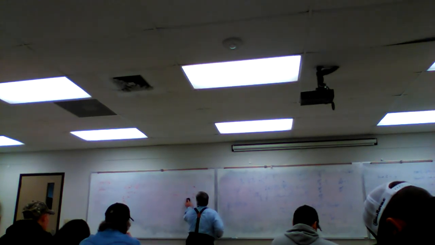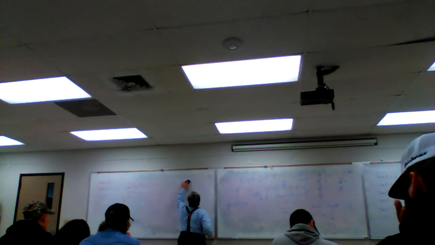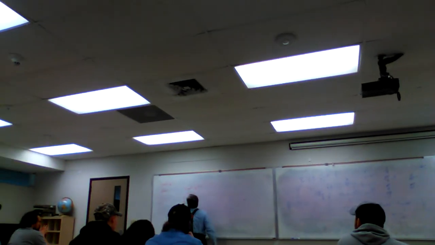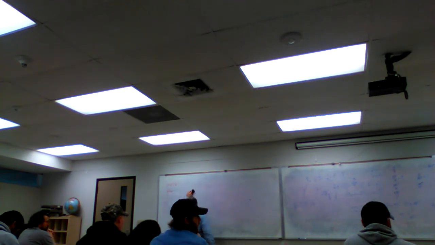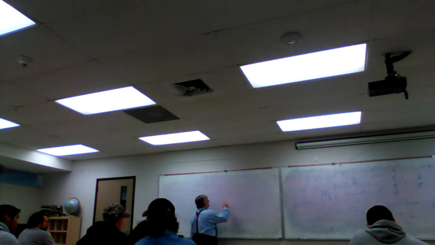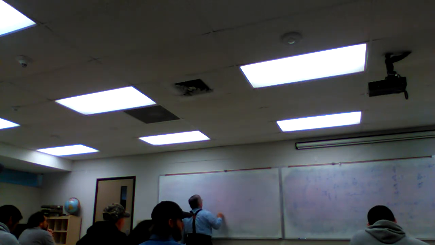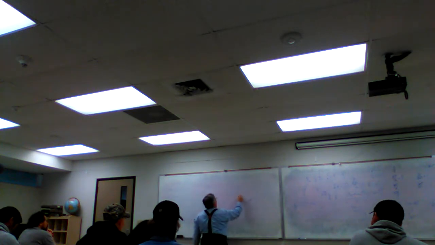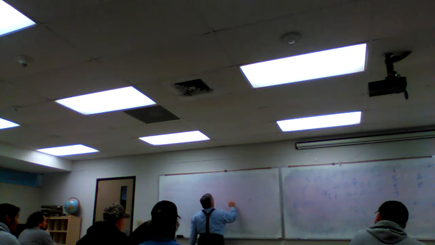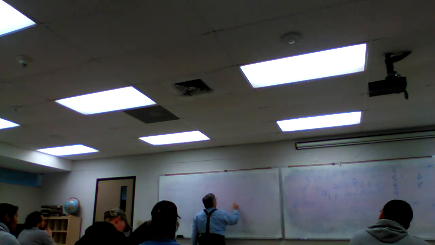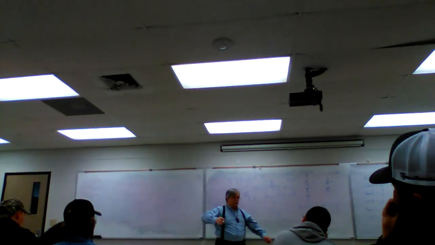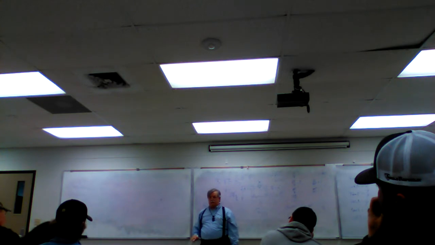Now, one more thing to prep you for the homework assignment. What if you were given an x coordinate or a y coordinate that was outside the unit circle or inside the unit circle, but some coordinate that's not on the unit circle?